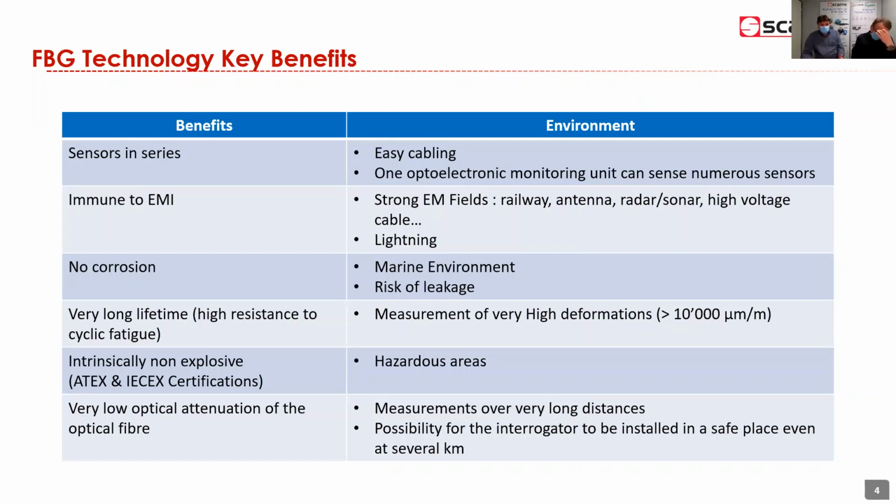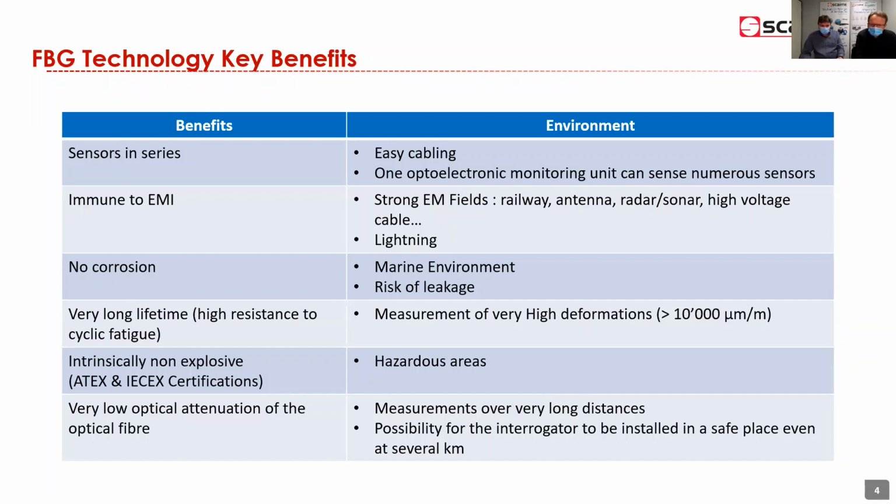The second point with sensors in series is that the interrogator, which is the most costly part of the whole installation, has its price divided by many sensors. If you can have up to 100 sensors on one system, the price per measurement point, which is in the end the most important, decreases a lot with the number of sensors.